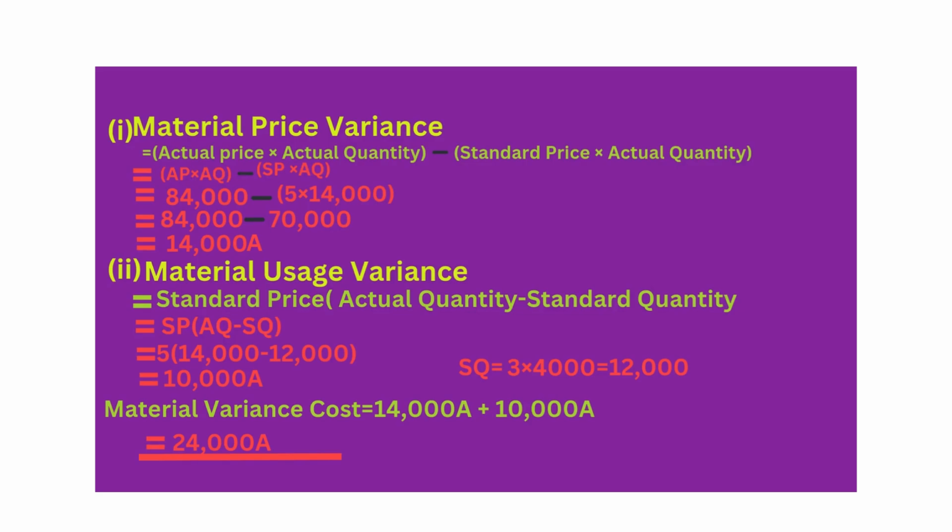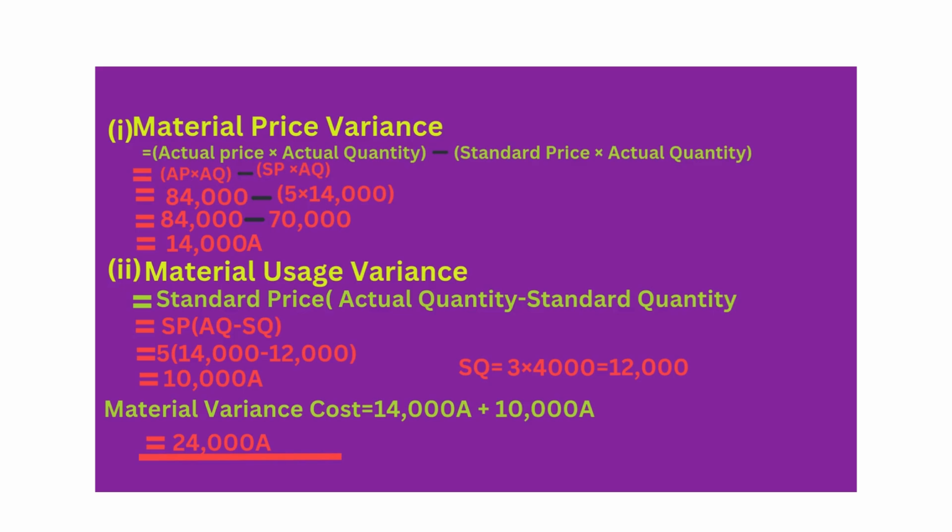So our standard price we had, which was 5 shillings. So it's 5 into the actual quantity, which is 14,000 kgs. We don't have yet the standard quantity.